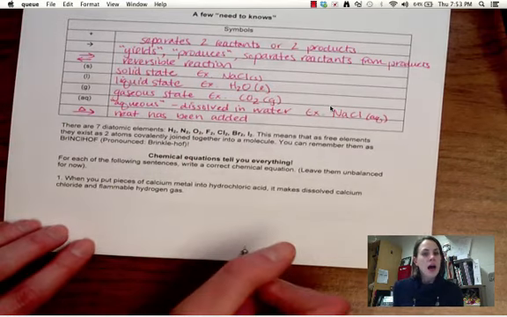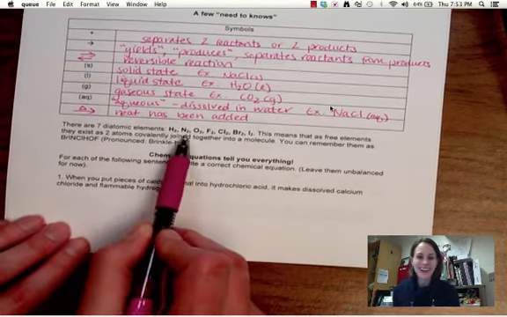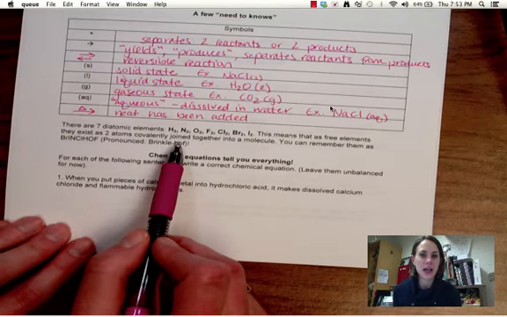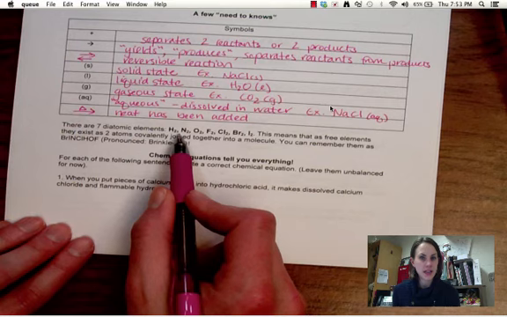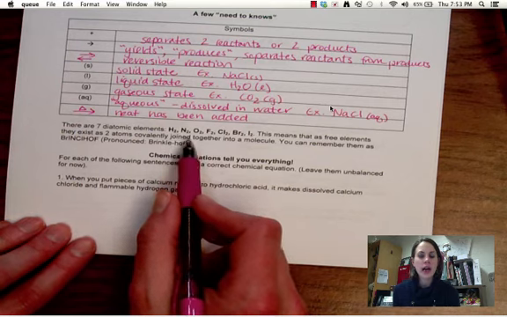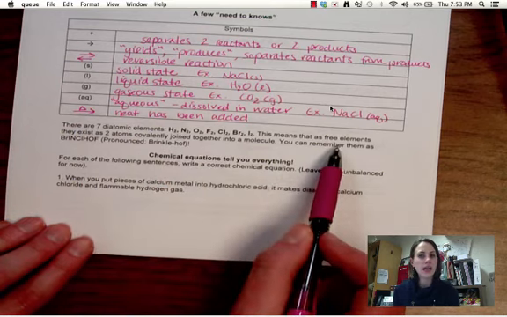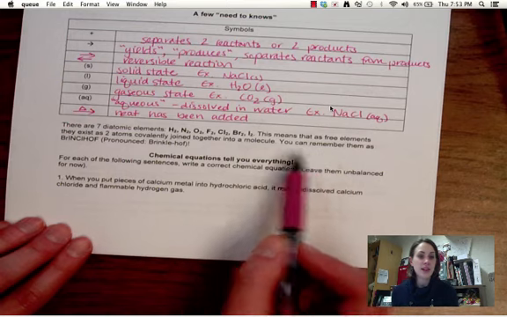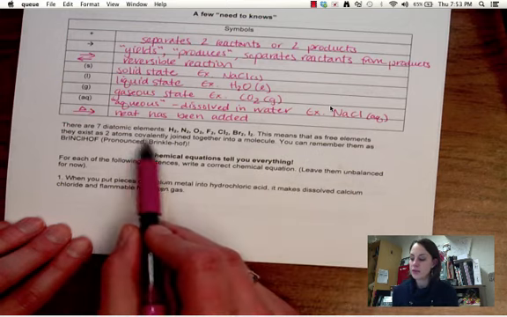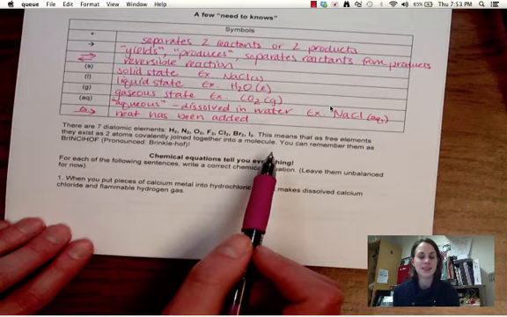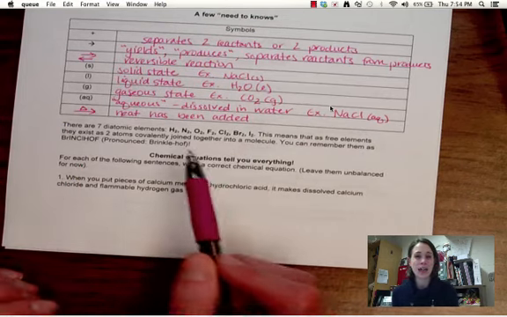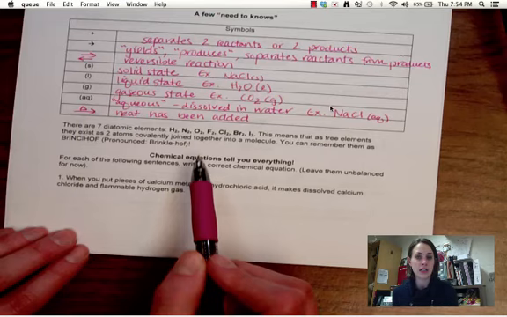Okay, I'll draw your attention to these 7 diatomic elements right below here. These are 7 diatomic elements that you need to know. What this means is that as free elements, these 7 exist as 2 atoms covalently joined together into a molecule. They don't just exist as free atoms, they're actually tiny molecules of 2 atoms joined together.